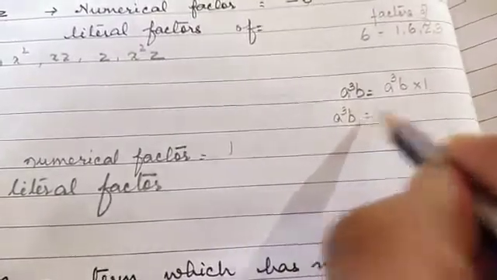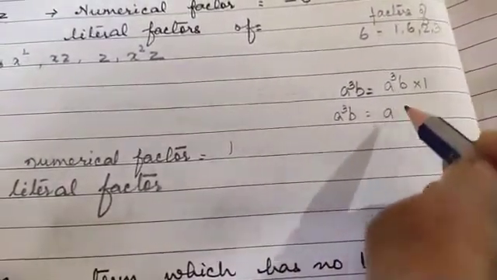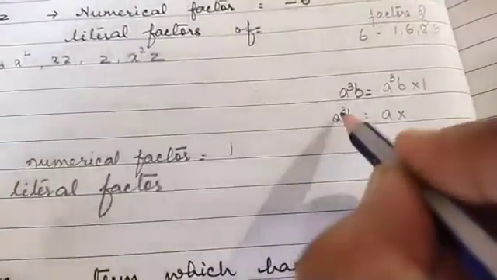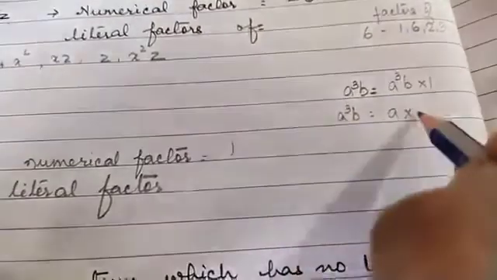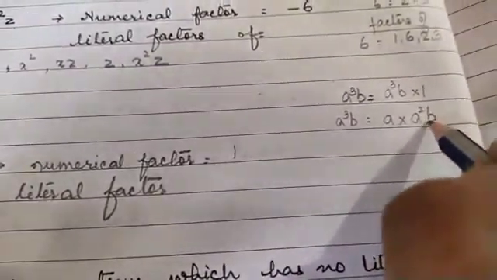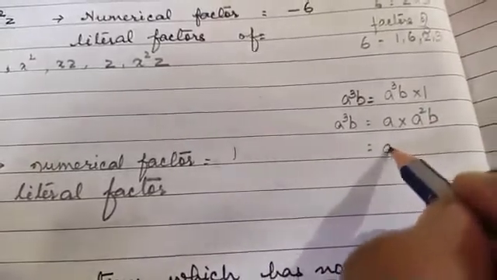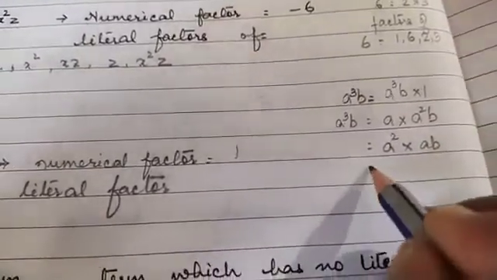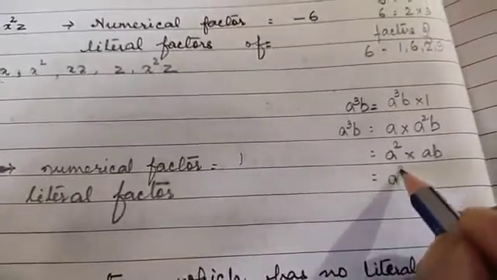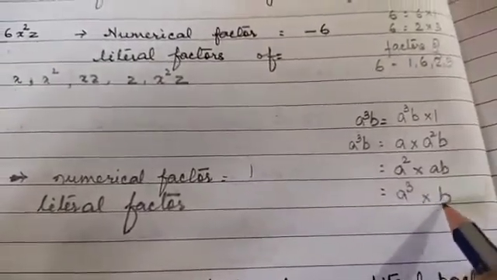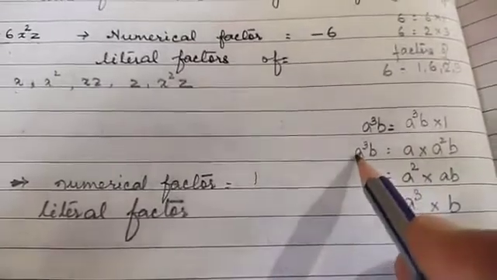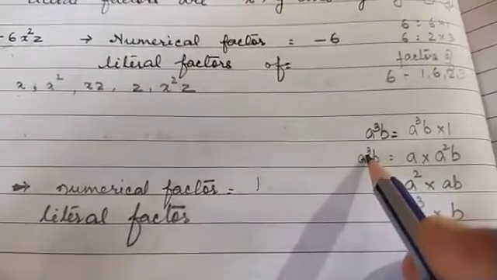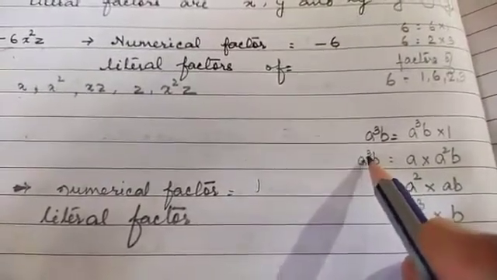a cube b is equal to a into a square b. Here I have separated a into a square b. See, a is raised to the power 3.